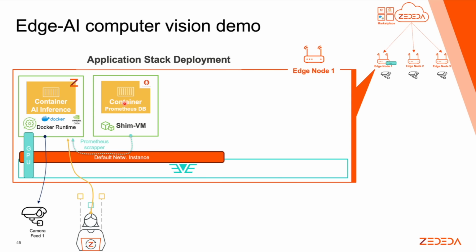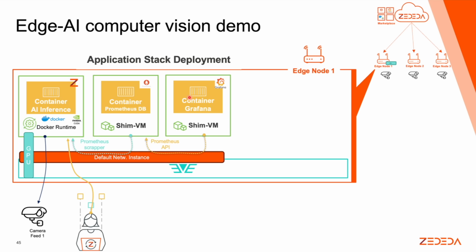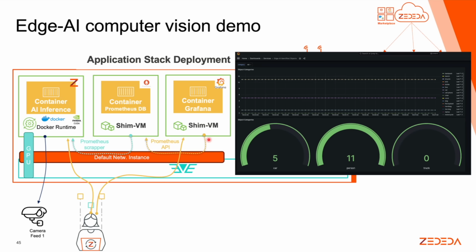Our Prometheus container running next to the runtime will scrape those metrics and keep them in the database, right? And then Grafana can be used to present those metrics as a time series, and the user can connect to Grafana and see those statistics over time.